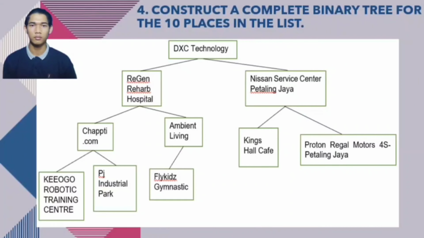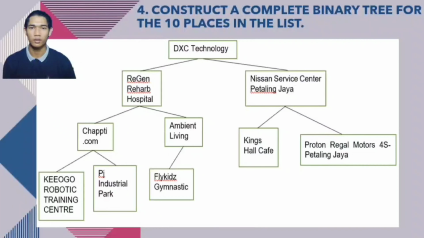Next, question number 4 is to construct a complete binary tree for the 10 places in the list. In a complete binary tree, each level except possibly the last is fully filled, prioritizing the left first. Start with DXC Technology. Next, below it the left is Regen Rehab Hospital, and the right is Nissan Service Center Petaling Jaya. Then under Regen Rehab Hospital, the left is Chapati.com and the right is Ambient Living.